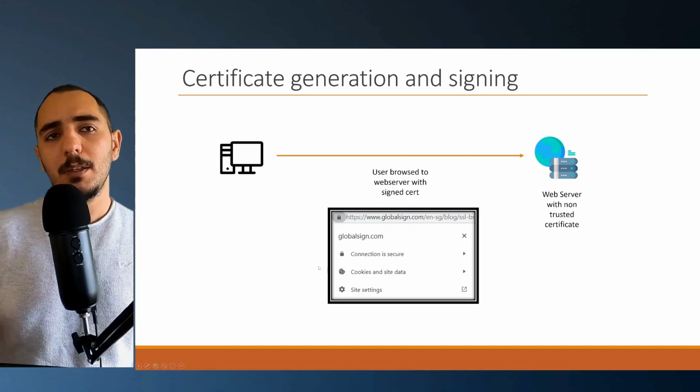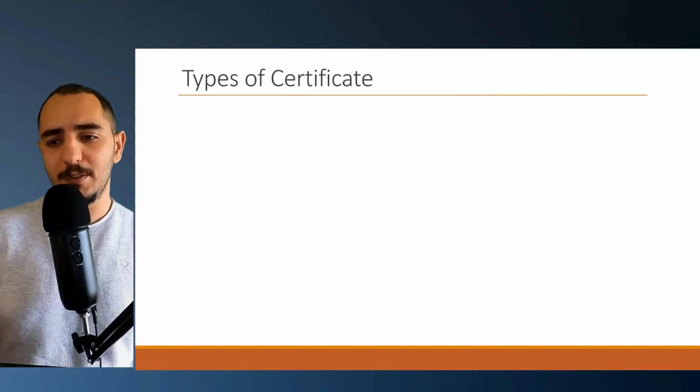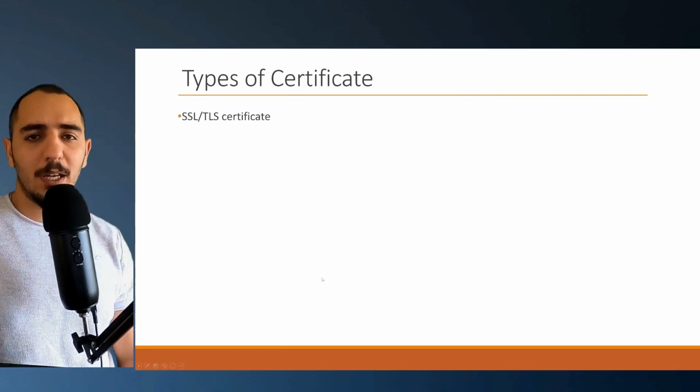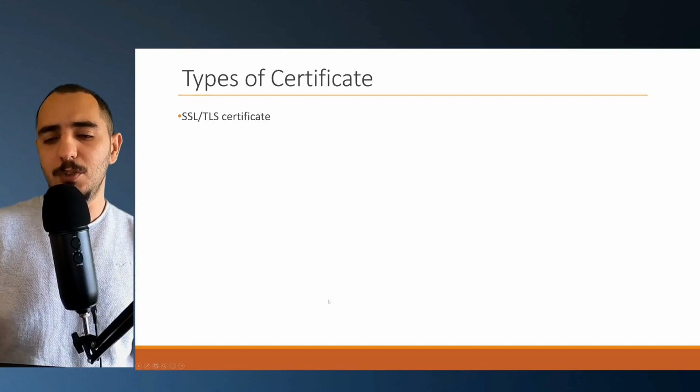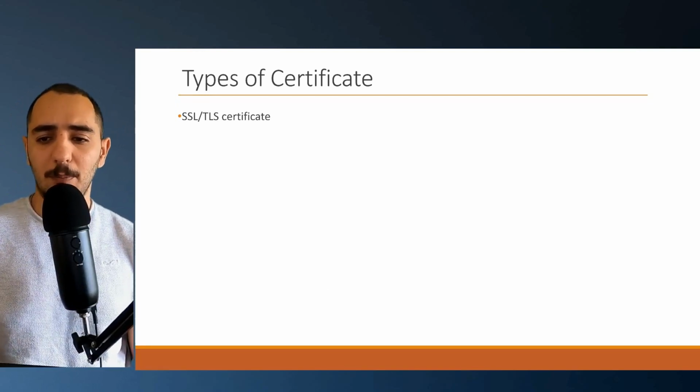Okay. Now, we'll come into the types of certificates. So certificate type could be an SSL/TLS certificate, which is used by a web application, a mail server, like a web server, like we mentioned earlier.